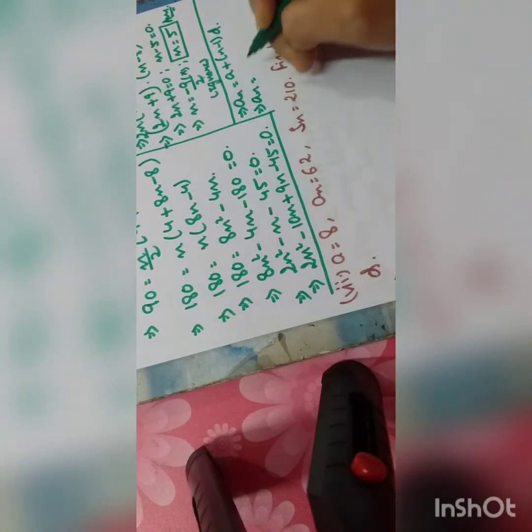Now the second part of the question asks me to find the value of an. So an equals a plus n minus 1 into d. The value of a is given in the question, that is 2.